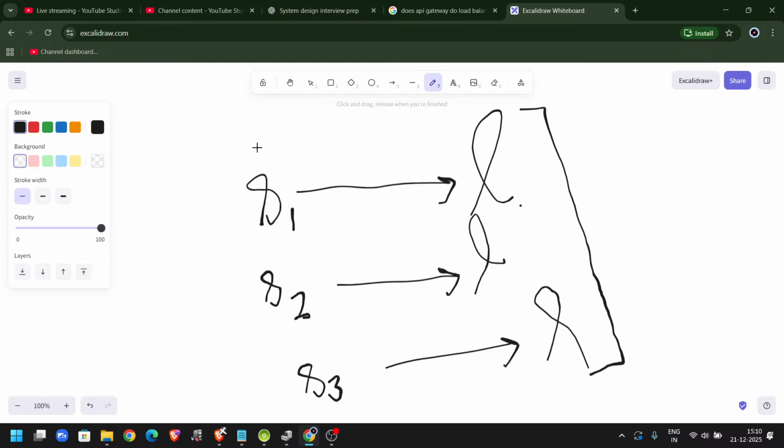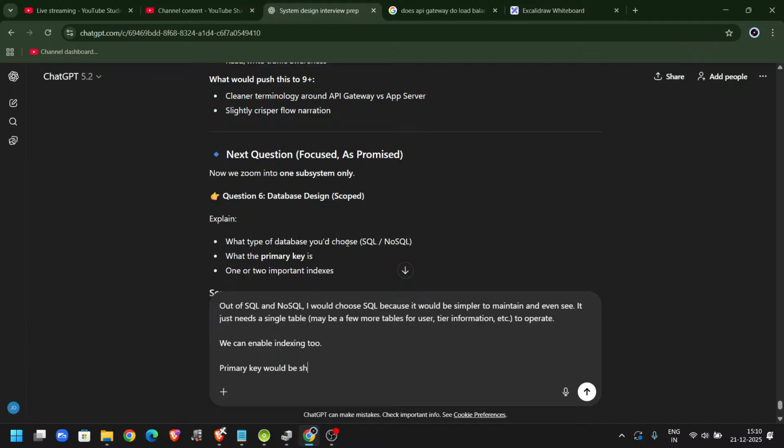So we would keep this as primary key. Oh, not code, it is not code, it's URL.